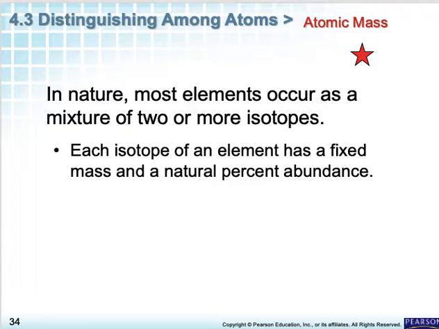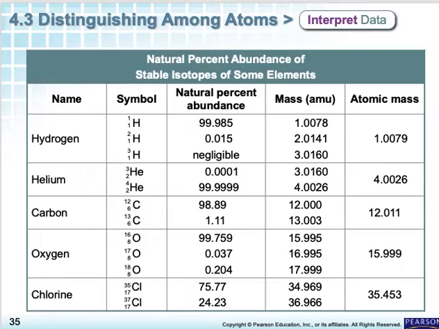In nature, most elements occur as a mixture of 2 or more isotopes, and each isotope of an element has a fixed mass and a natural percent abundance. That's what we need to know: the mass of the isotope and the percent abundance.